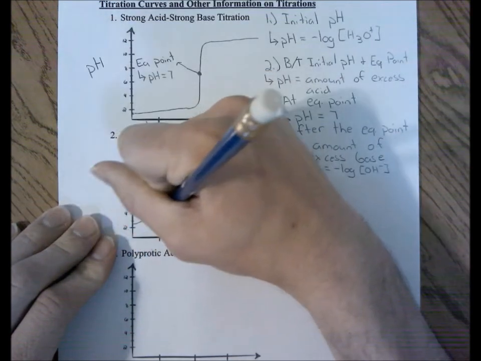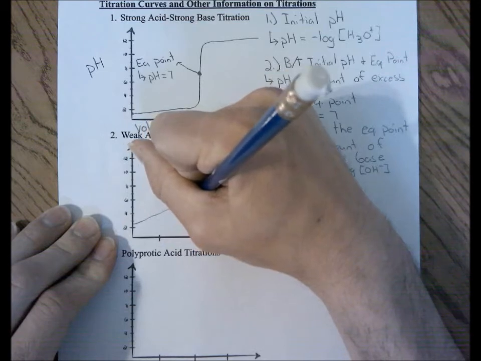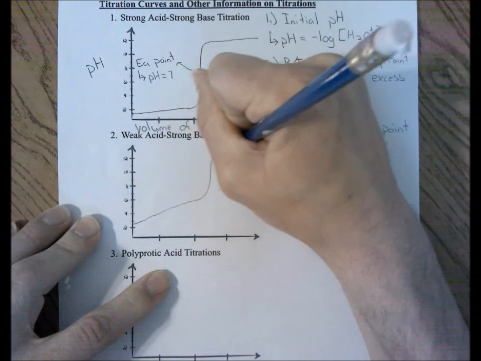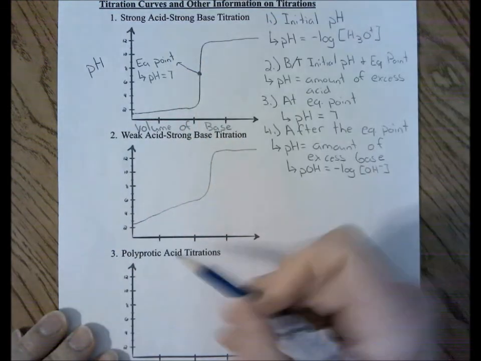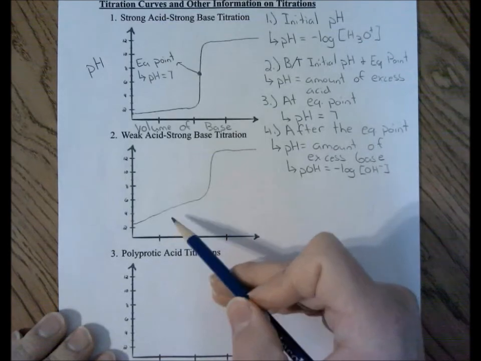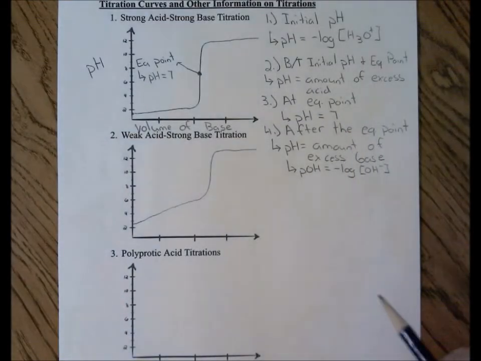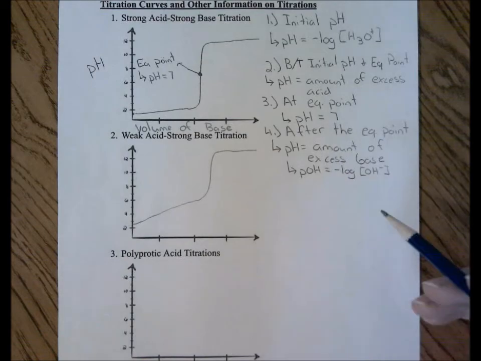And then another thing: hopefully you can see the difference here. See how this line is a lot steeper? That's because a weak acid cannot absorb as well, so its pH is more affected as that strong base is added to it.